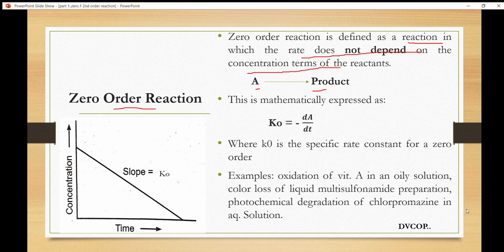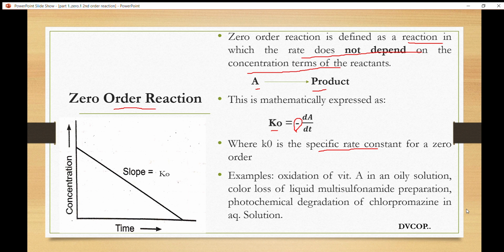This is mathematically expressed as K0 equals minus dA divided by dt, where K0 is the specific rate constant for a zero order reaction. Here the minus sign shows that as time changes, the concentration of reactant A also changes.